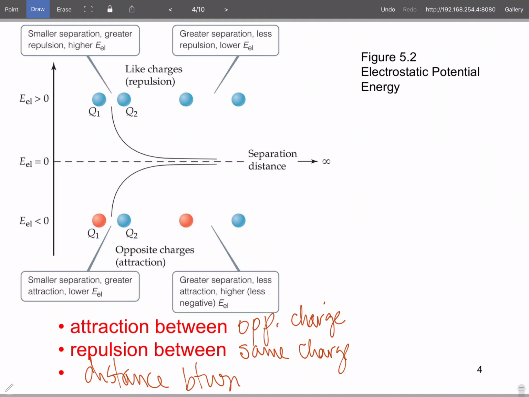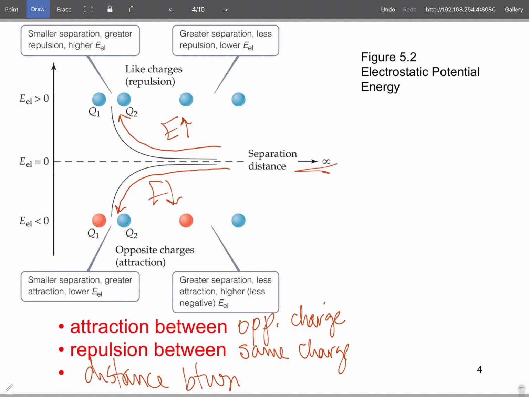So we went through that before, so what's going on? Well, if you notice that as you have opposite charges together, when they come together, the energy drops. Whereas if you put two charges that are similar, the energy increases as you get them closer and closer together. So this actually makes sense because, again, we've got the separation.